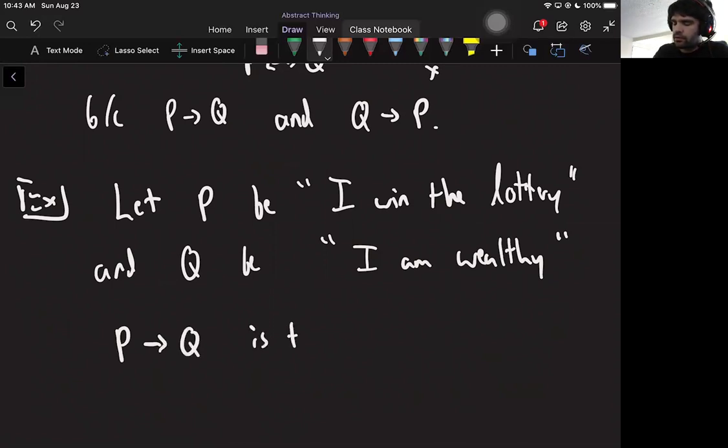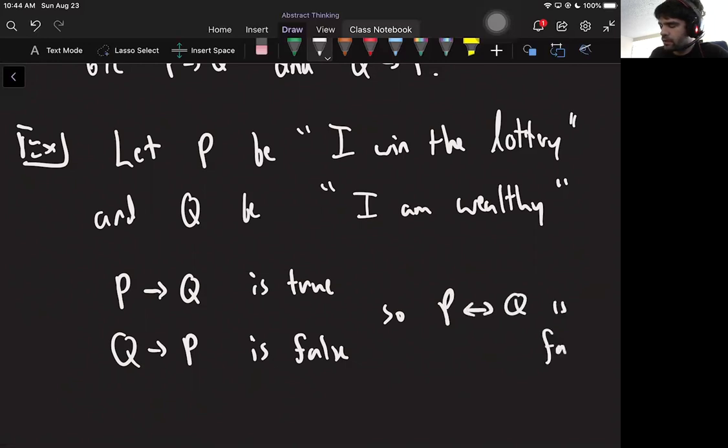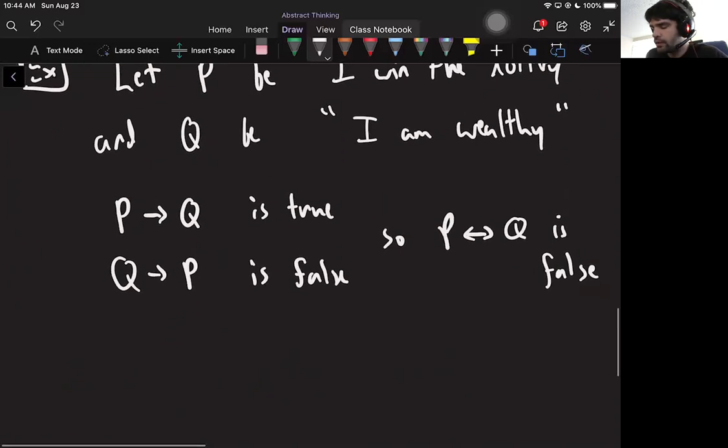So this part is true. But just because you are wealthy doesn't mean your wealth came from the lottery. It doesn't mean you'll win the lottery as a result. So this is false. They do not imply each other. They are not saying the same thing in two different ways. One implies the other, but not vice versa.